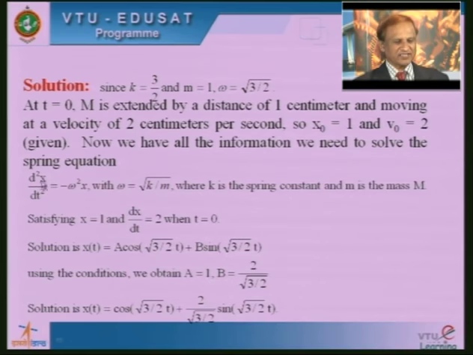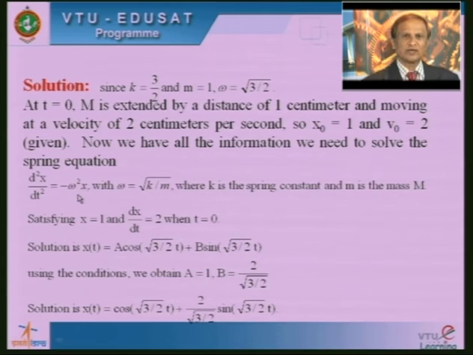You can rewrite it as d square x upon dt square plus omega square x equal to 0, with omega equal to square root of k by m, where k is the spring constant and m is the mass, satisfying x equal to 1 and dx by dt equal to 2 when t is equal to 0. It is an initial value problem.